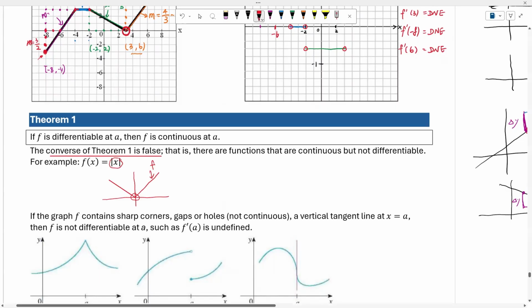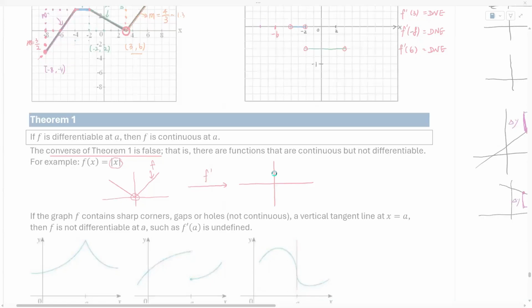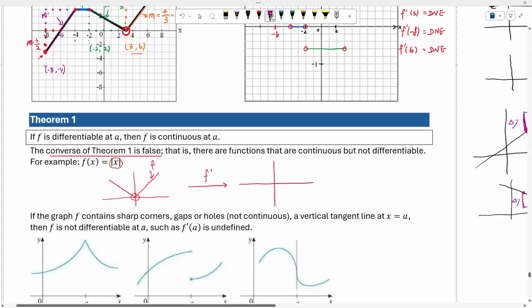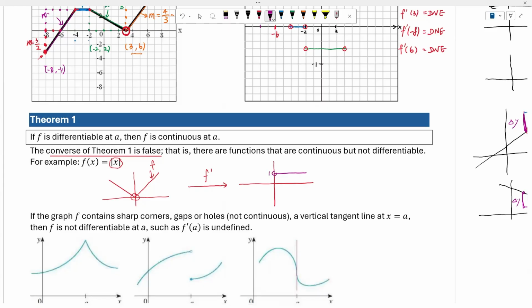So if I want to sketch the f prime, I can write right here, this is 1 and -1 right here.